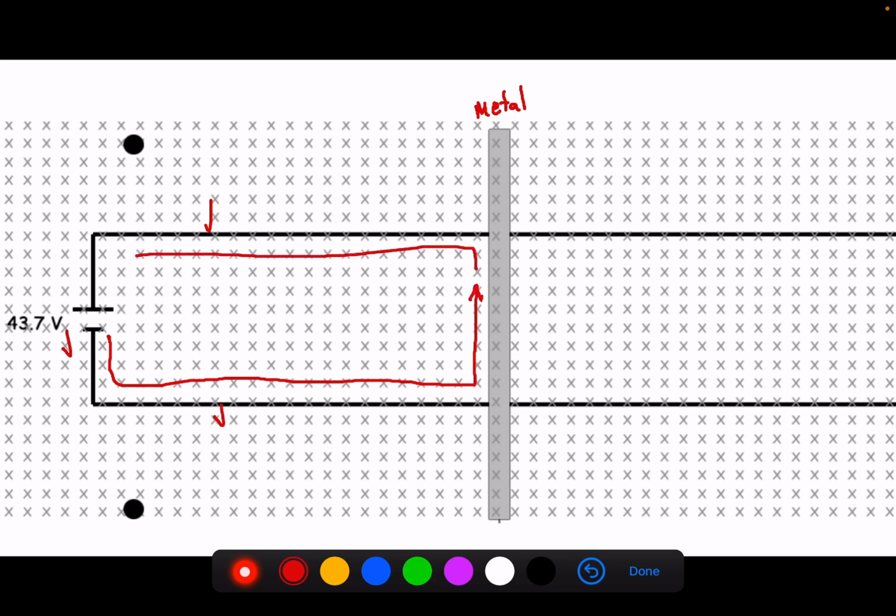And electricity will flow through the rails. More importantly, electricity will flow through this metal bar. And as electricity flows through that metal bar, it generates a magnetic field. That magnetic field interacts with a pre-existing magnetic field. So all these X's are from some kind of external magnet, okay?